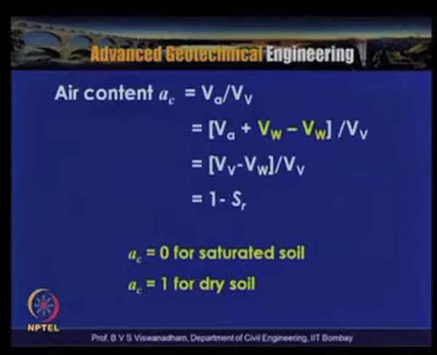So, we can write (VV minus VW) by VV. If you write VA as VV minus VW, we can write this as 1 minus VW by VV, which is SR, the degree of saturation. So, the air content AC is equal to 1 minus SR.